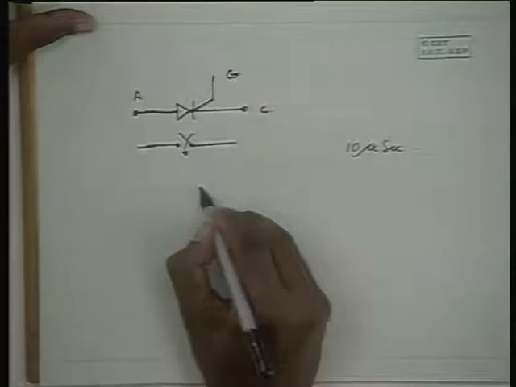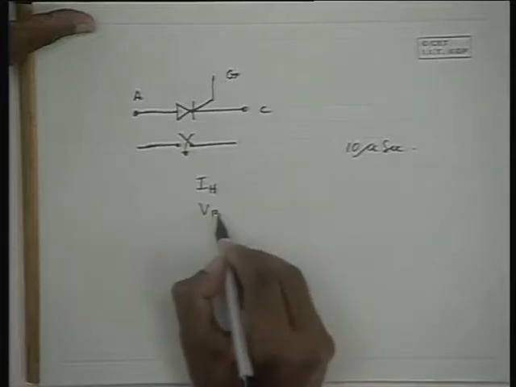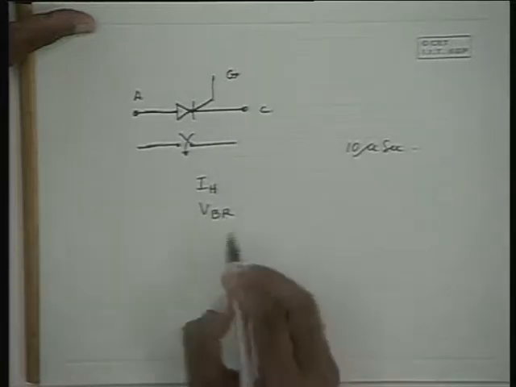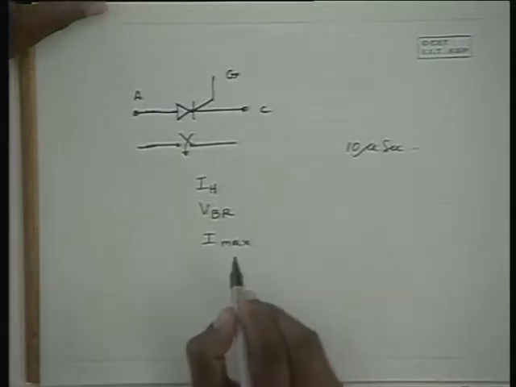And the specifications of the device are as follows. IH, the holding current, the breakdown potential, and the maximum current that can flow through the device.